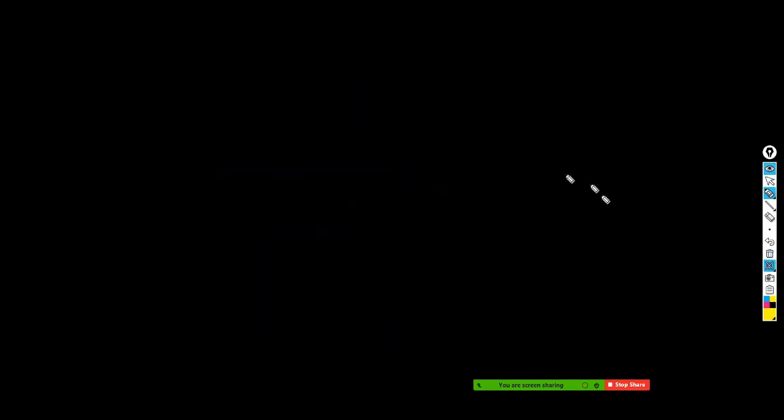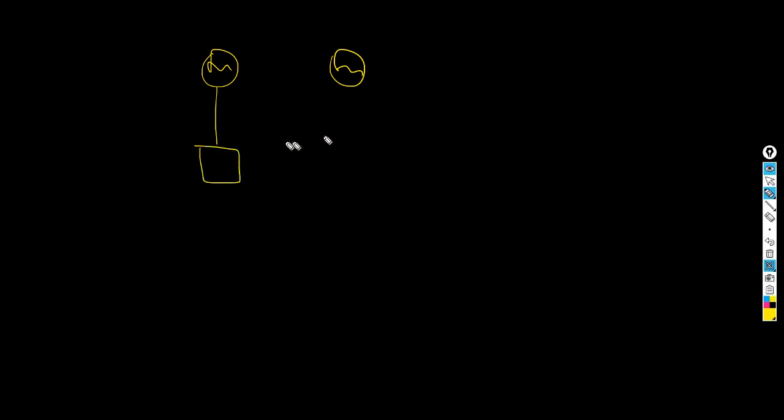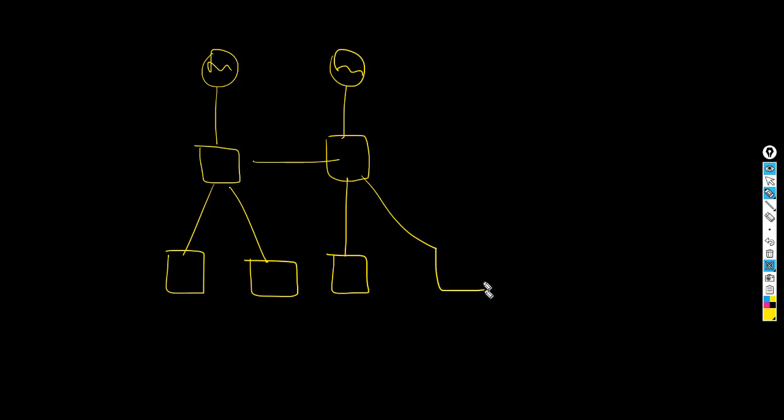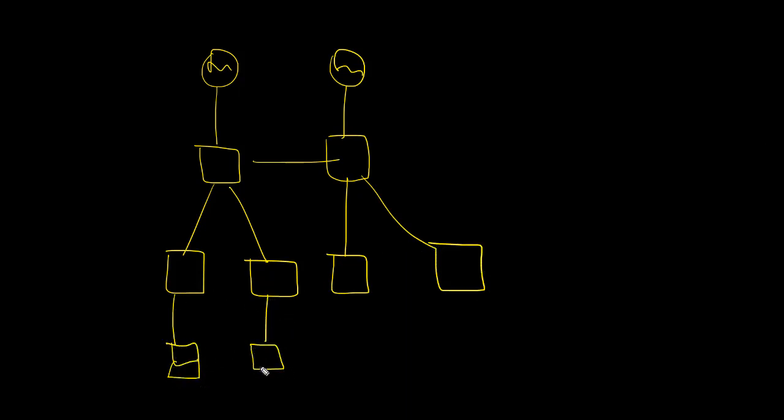Let's say these are my core routers. They're connected to the distribution switches, and the distribution switches are connected to access layer switches, and access layer switches are connected to computers and end devices.